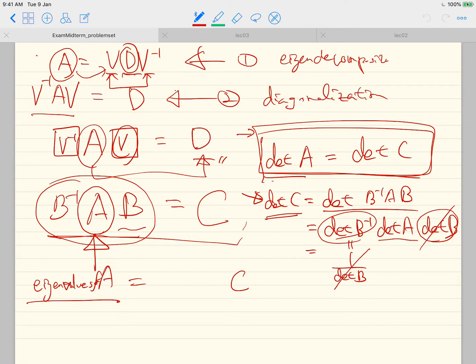Okay. And now, back to this diagonalization. Again, I mentioned that the second form of this is called the diagonalization, right?